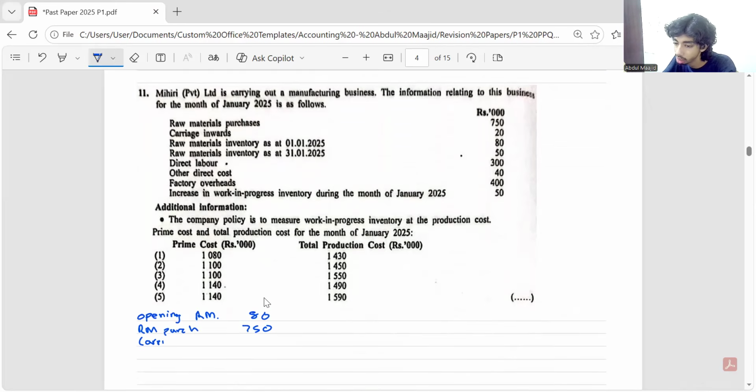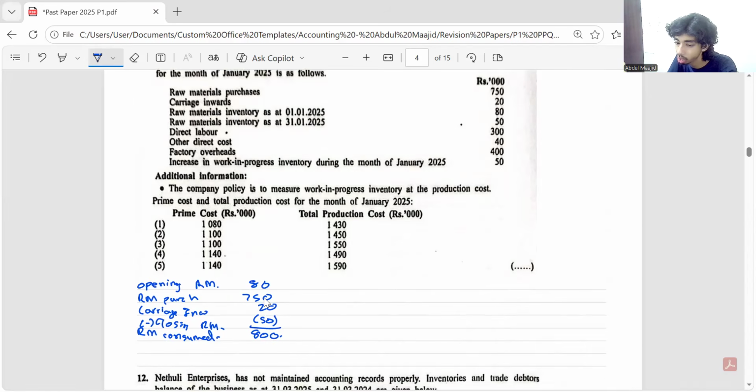Carriage inwards, you will add to it, 20. Minus closing raw material, 50. Then you will get the raw material consumed amount: 80 plus 750 plus 20 minus 50, that is 800.